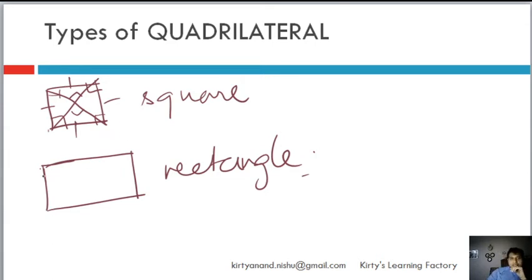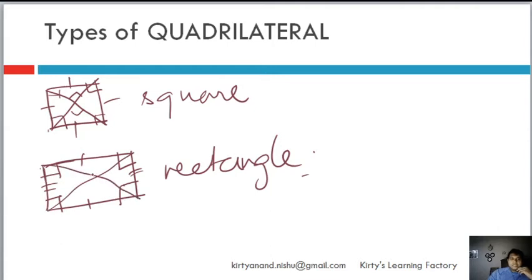A rectangle also has four sides, all four angles are equal and are of 90 degrees, but all four sides are not equal. Okay, only opposite sides are equal to each other, and obviously they are parallel to each other because all the angles are 90. Both the diagonals of a rectangle are also equal in length.